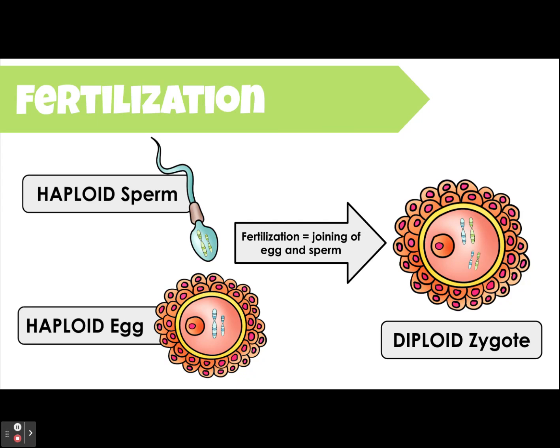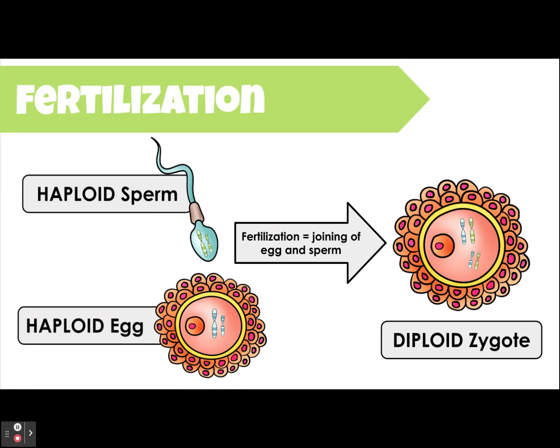When the sperm and egg join during fertilization, you have this newly formed zygote that now has 2 copies of every chromosome. So fertilization is the process where 2 sex cells combine, typically sperm and egg, if we're talking humans. Each haploid sex cell has 1 copy of every chromosome.